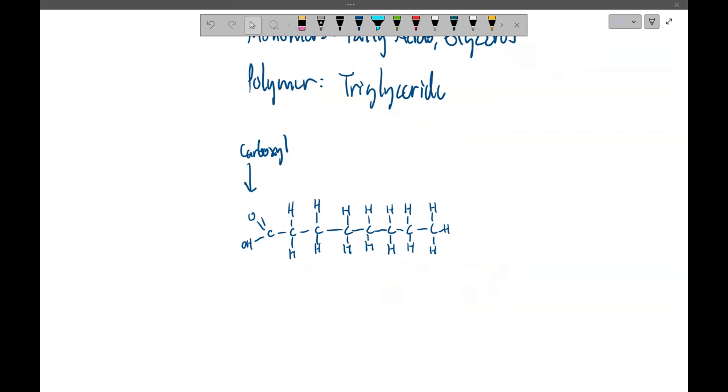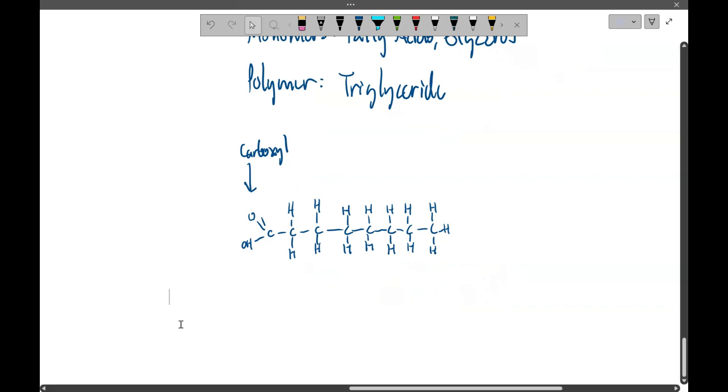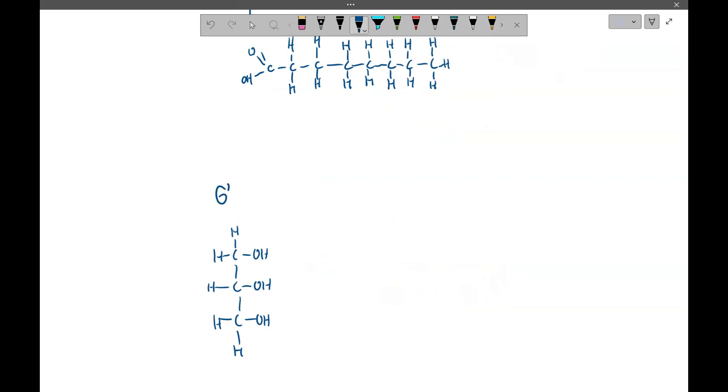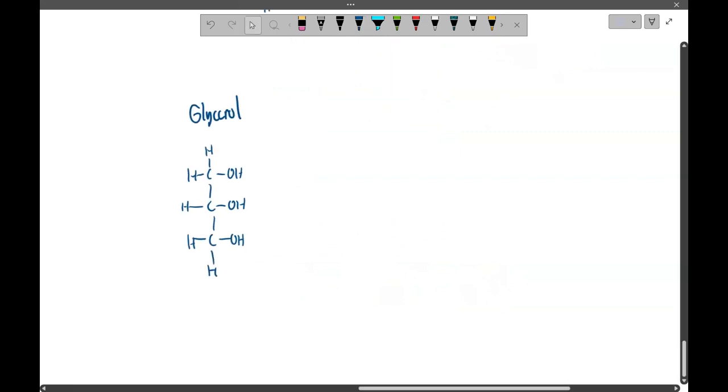And I'll also show you a glycerol. So this is a glycerol. And for the purposes today, in this video, I'm going to have to extend this, so bear with me.